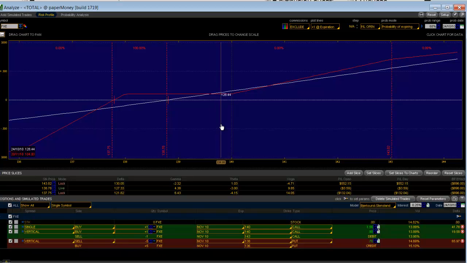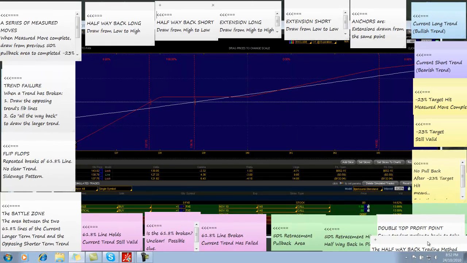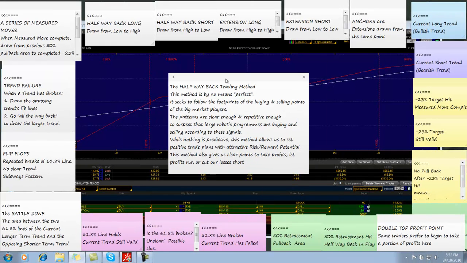How I shaped that option strategy is for another time, but hopefully you can see the strength of the halfway back trading method there in giving us a way to determine who's in control, bears or bulls, and then creating an attractive risk reward trading plan.